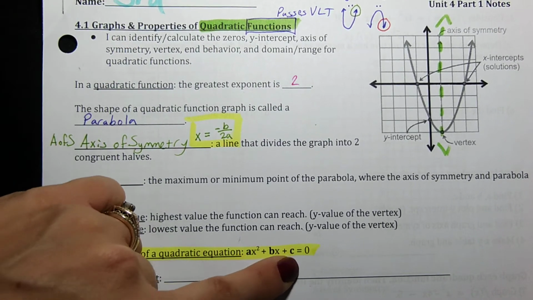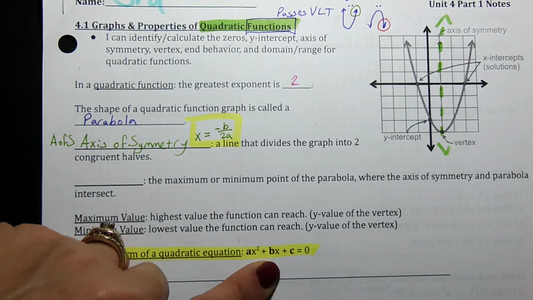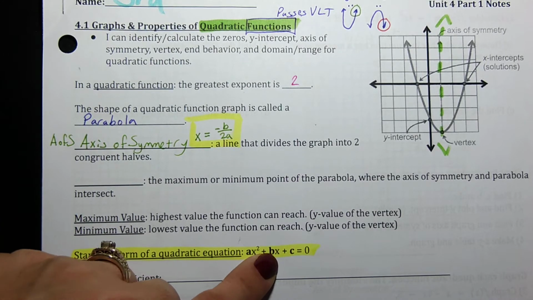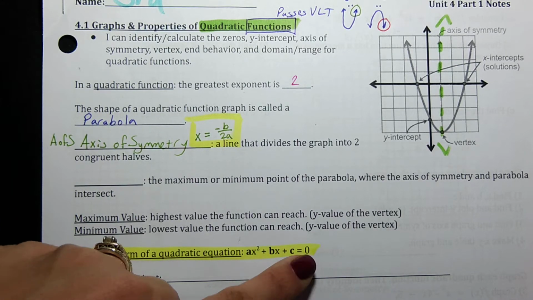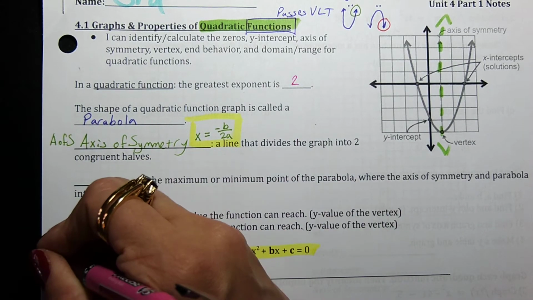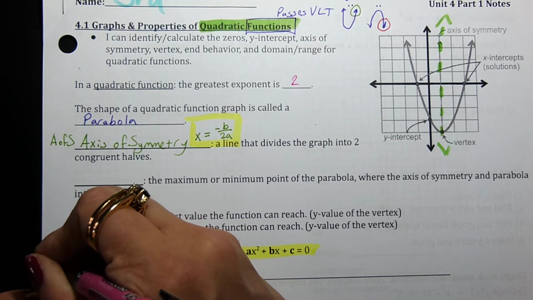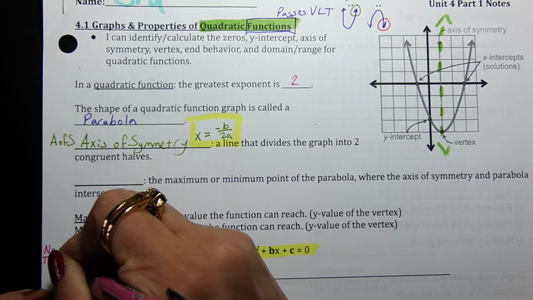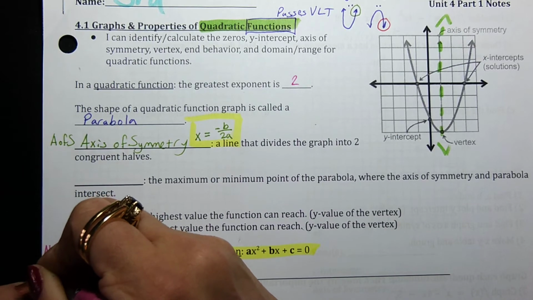So I won't be able to say that the c moves us up 4 or that the b vertically stretches it. Everything is joined by addition or subtraction, so our transformation rules will not apply. So just write no transformation rules.